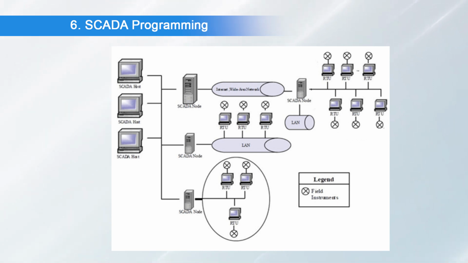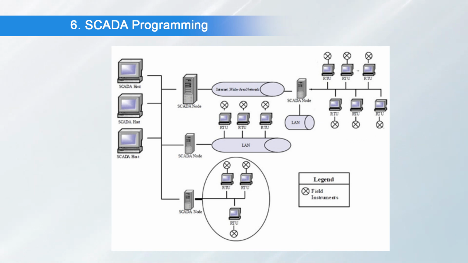Standard interfaces are used for programming most commercial SCADA systems. The SCADA programming can be done using a derived programming language or through C language. The basic block diagram of the SCADA system shown in the figure represents the basic architecture of the SCADA.